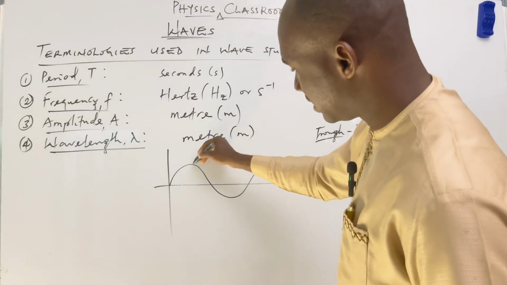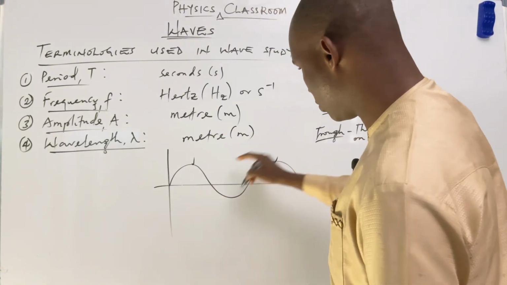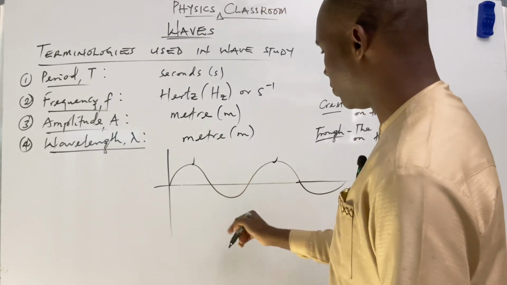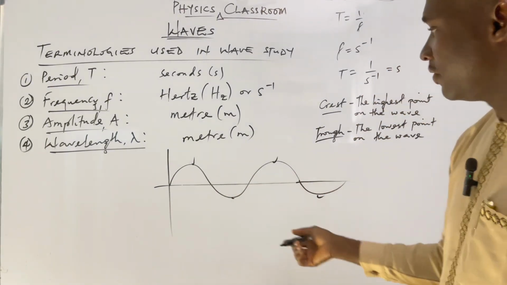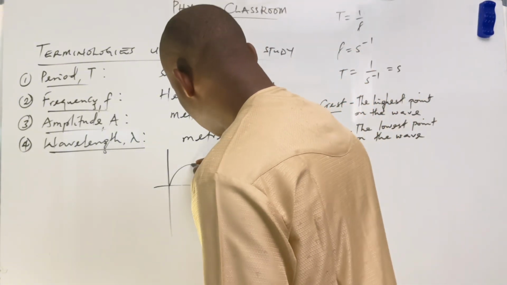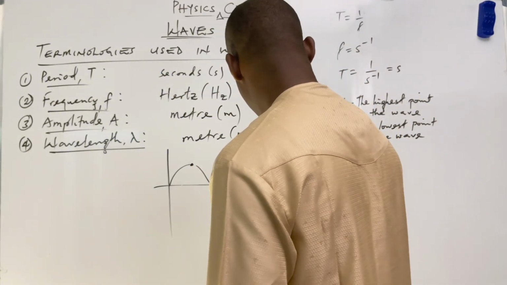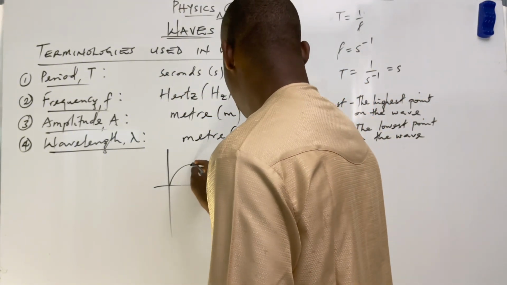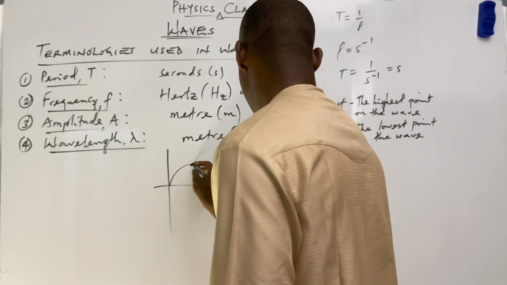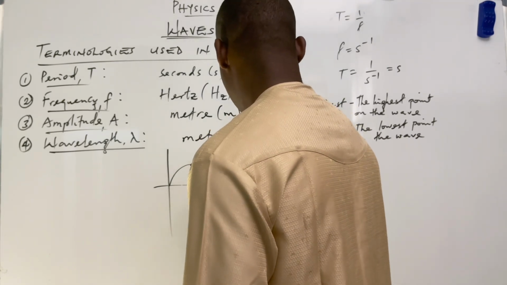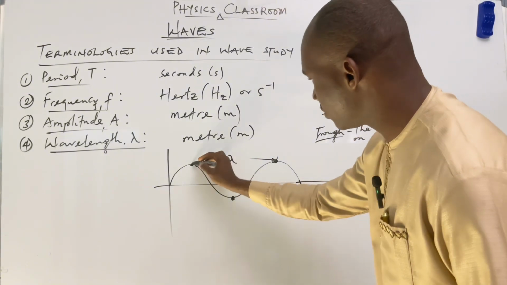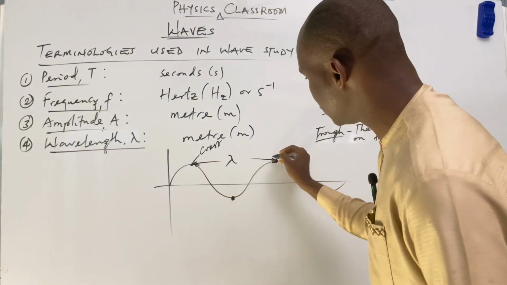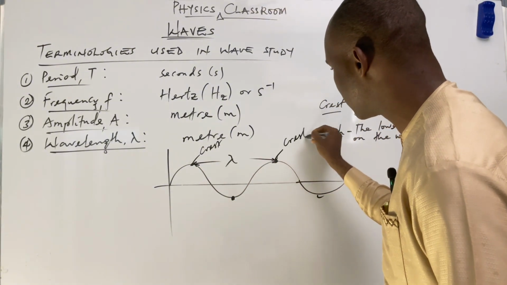So now, look at this side. These two are the highest points on the wave, and the ones below are the lowest points on the wave. The distance between these highest points is lambda. We call this one the crest, and this is also a crest.